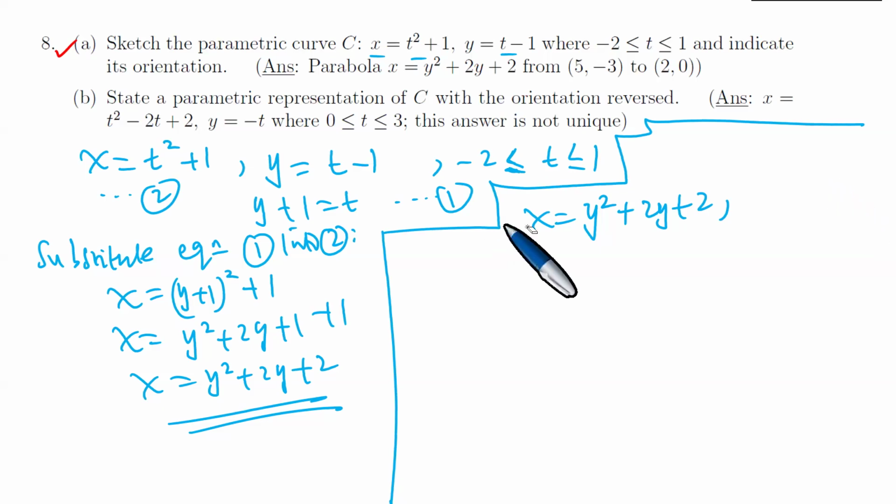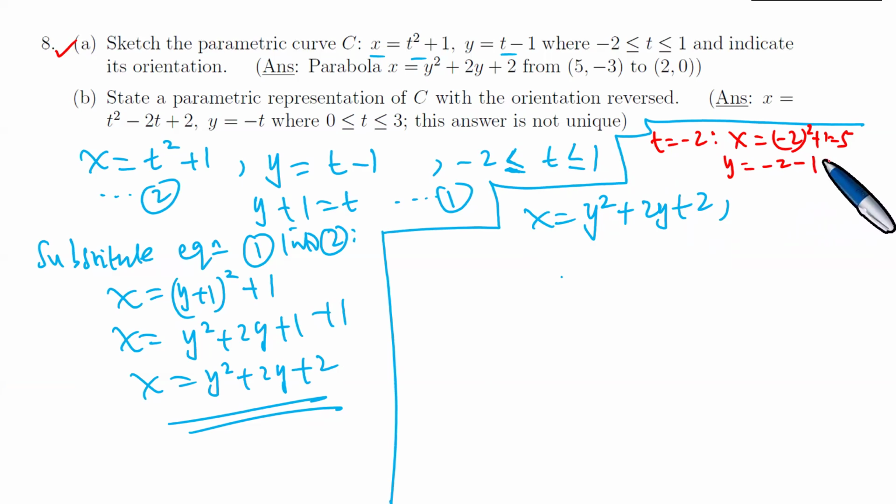We're saying whenever our t is minus 2, x is 5, and then the y is minus 2 minus 1, which is minus 3.